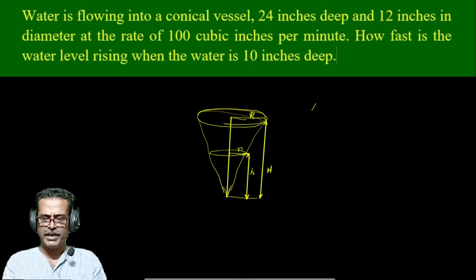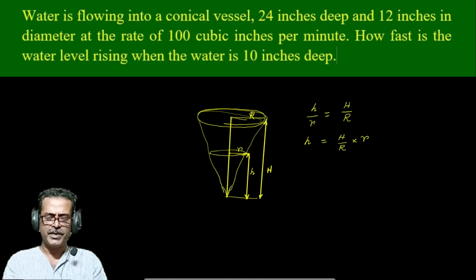Now H by R is equal to h by r. So h is equal to H by R into r. This is from the basic proportionality theorem.